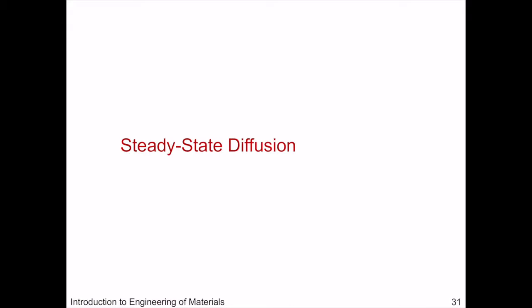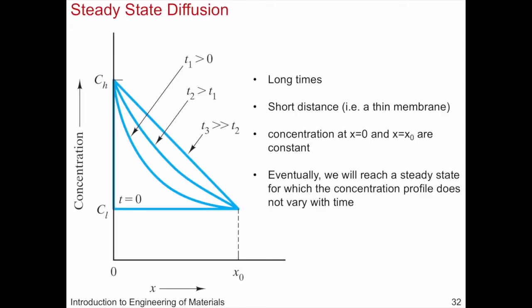So we'll jump ahead to talk about the differences in diffusion when we talk about steady state diffusion as well as non-steady state diffusion. When we talk about steady state diffusion, we're talking about processes that occur over a long period of time, or the diffusion length is a very short distance.